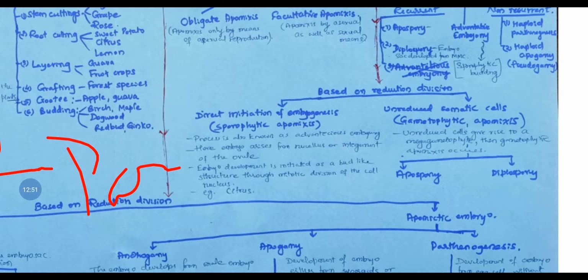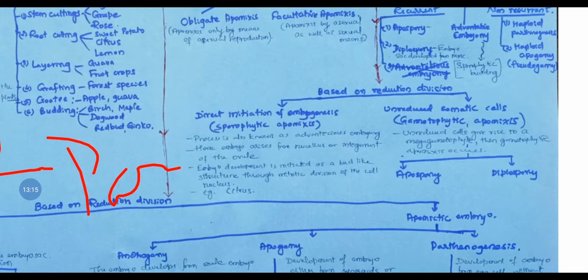This process is also known as adventitious embryony. Here, the embryo arises from the nucellus or integuments of the ovule. Embryo development is initiated as a bud-like structure through mitotic division of the cell nucleus.